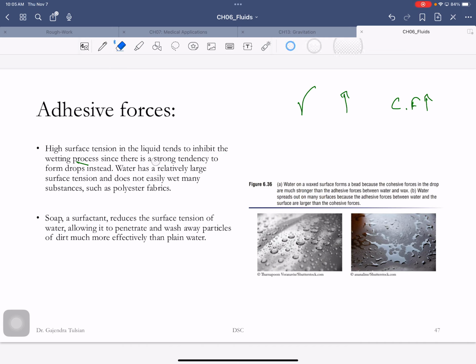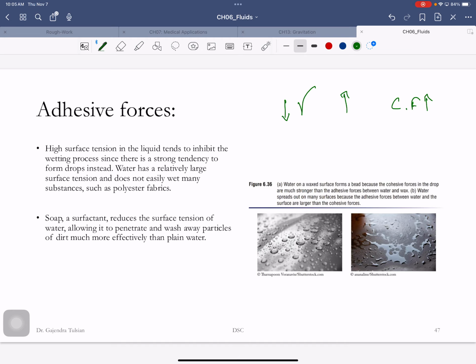Water has a relatively large surface tension and does not easily wet many substances, such as polyester fabric. So when you put soap in water, what you're doing is reducing the surface tension, and then it wets polyester.